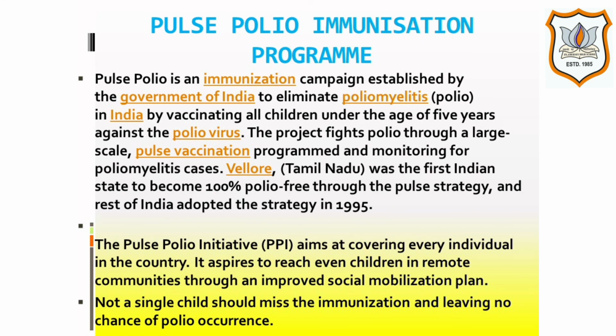Vellore, that is in Tamil Nadu, was the first Indian state to become 100% polio free through the pulse strategy, and the rest of India adopted the strategy in 1995. The Pulse Polio Initiative, PPI, aims at covering every individual in the country.